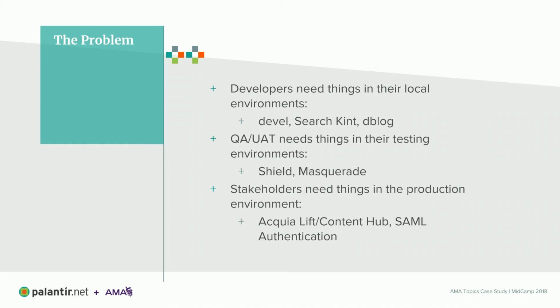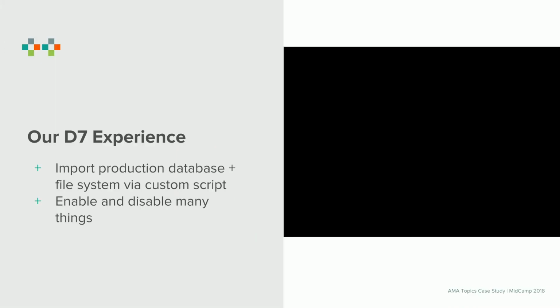Our UAT QA people needed Masquerade so they can try different user roles to make sure the functionality that we defined worked correctly for the right people, and the Shield module to keep people from seeing that site. Stakeholders had things they wanted in the production environment, including their SAML authentication for our SSO environments, and a bunch of great Acquia stuff like Lift and Content Hub.